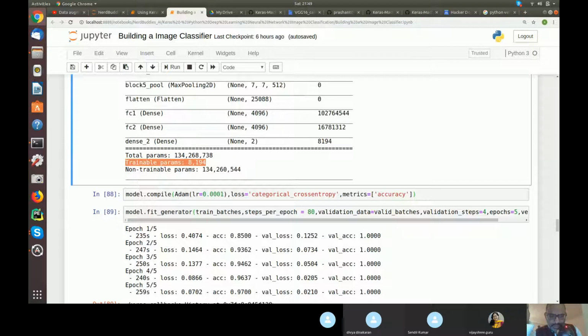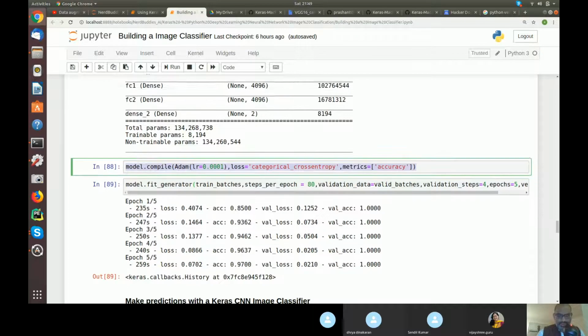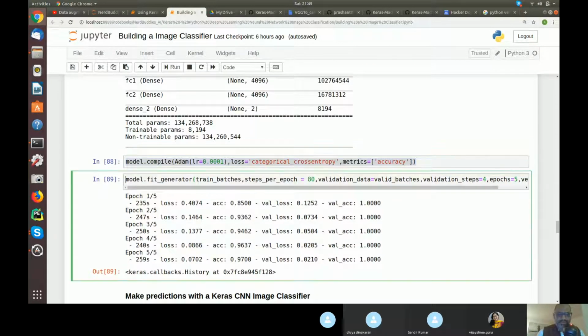Number 2, we define the optimization algorithm and the loss function and the metrics. And number 3, we train the model on the data. So this number 2 is the same as the previous model, and this number 3 is also the same as the previous model.